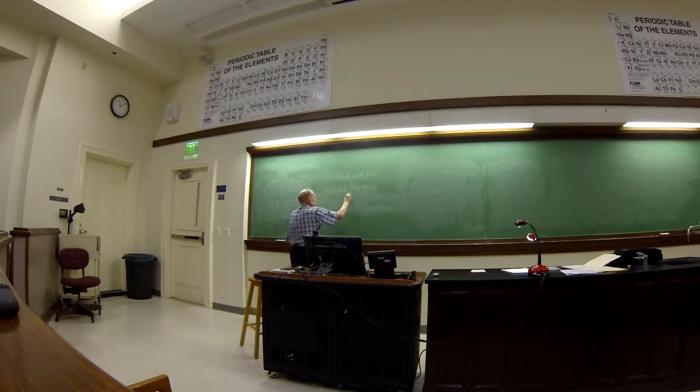So let's go ahead and put this in that notation: RT over V minus b, minus a over the square root of T times molar volume times molar volume plus b.